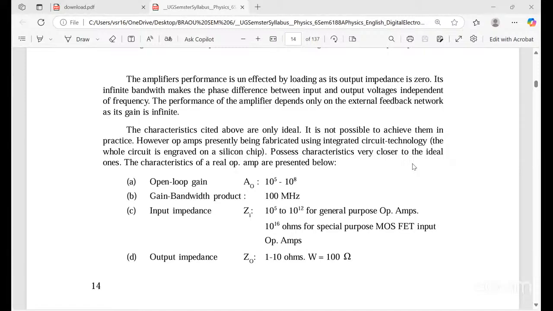The ideal amplifier has infinite bandwidth, which makes the phase difference between input and output voltages independent of frequency, and the performance of the amplifier depends only on the external feedback network, as its gain is infinite. The characteristics cited above are only for the ideal case, and it is not possible to achieve them in practice.